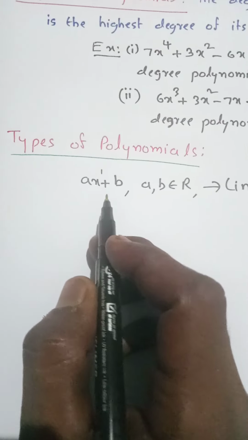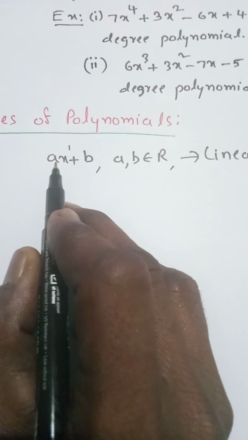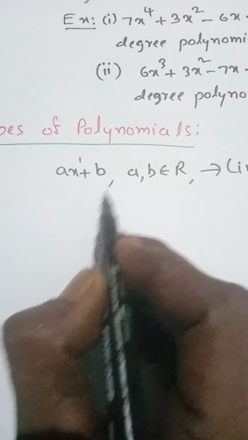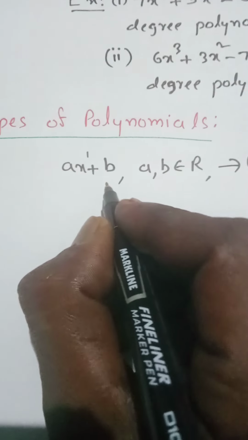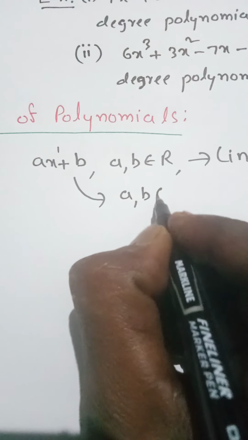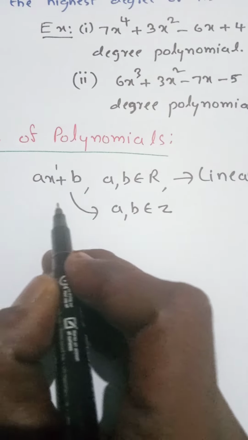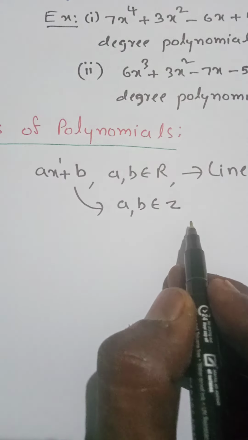Now, once you check the coefficients of this linear polynomial clearly, I have taken a and b both belonging to the real numbers. Then this type of linear polynomial we call a real linear polynomial. Suppose in the polynomial ax plus b, if I use a and b only as integers, then this linear polynomial is said to be an integral linear polynomial.